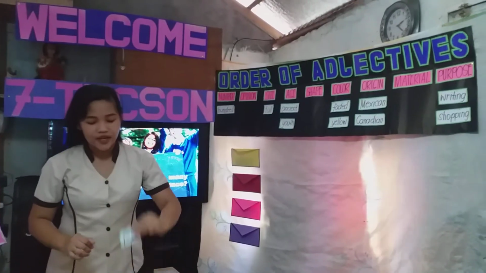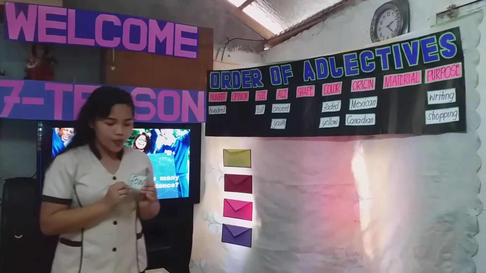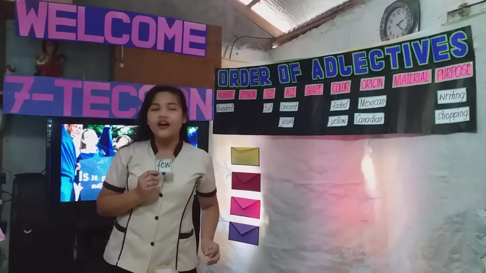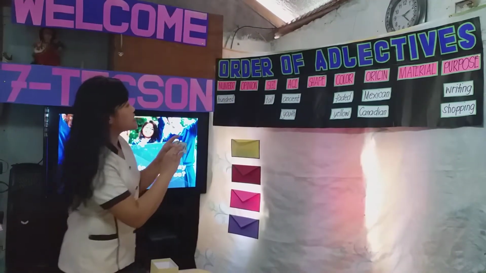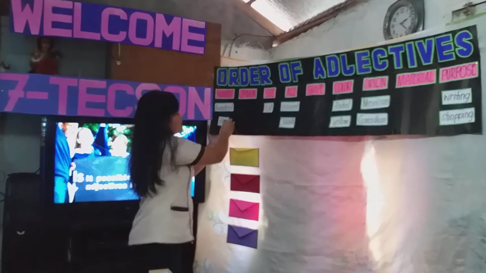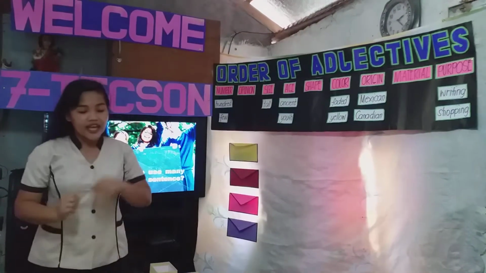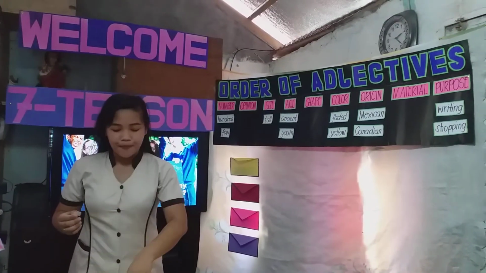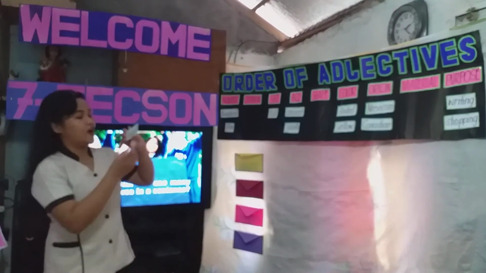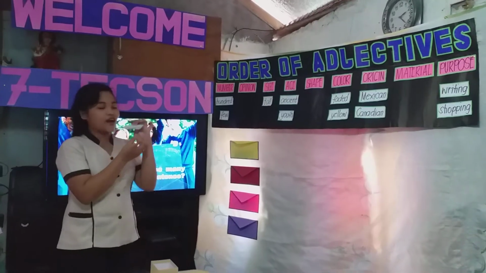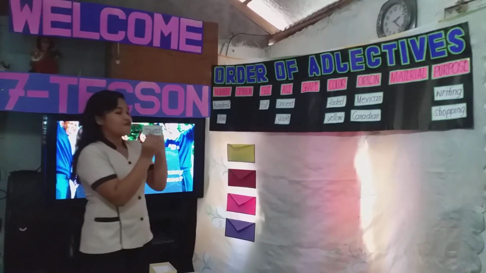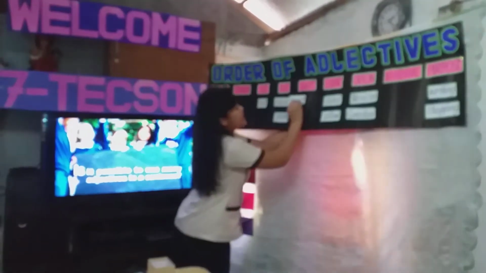Okay, next, we have few. So when we say few, this is what type of adjective? Yes, very good. This is here in number. So you are saying that you have only few, but not many. Next, we have round. So round is what type of adjective? Very good. This is the shape.